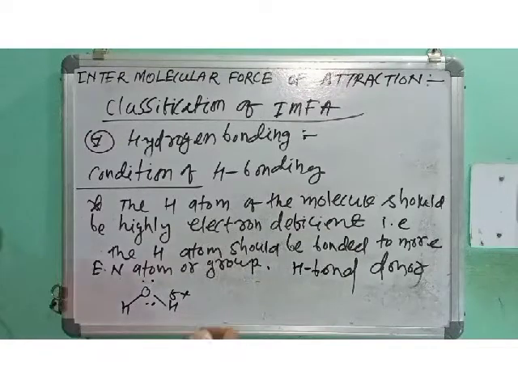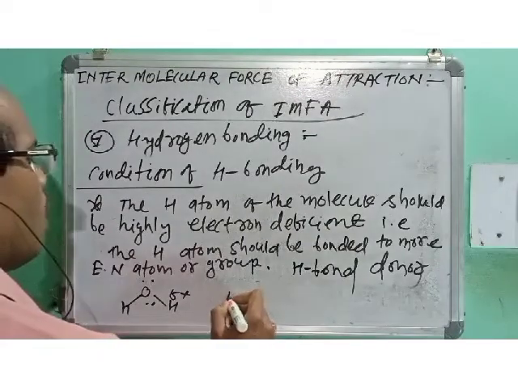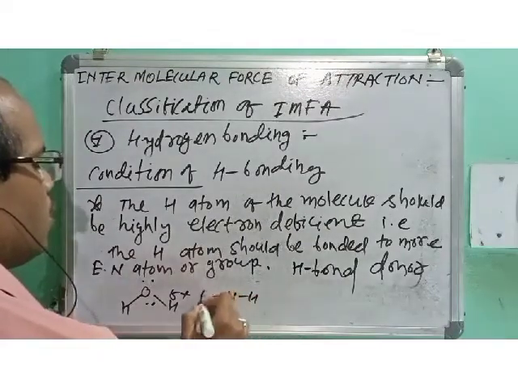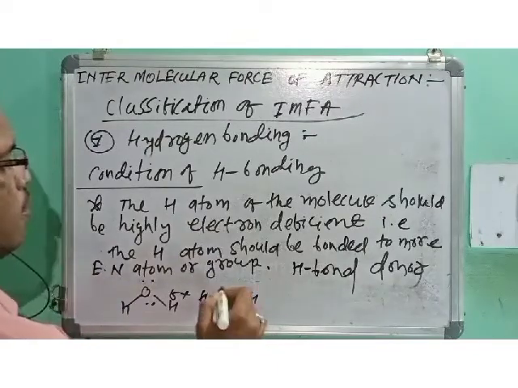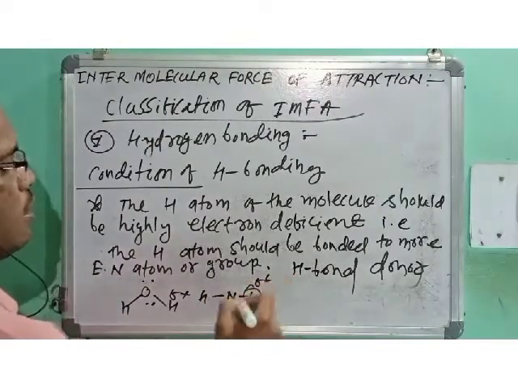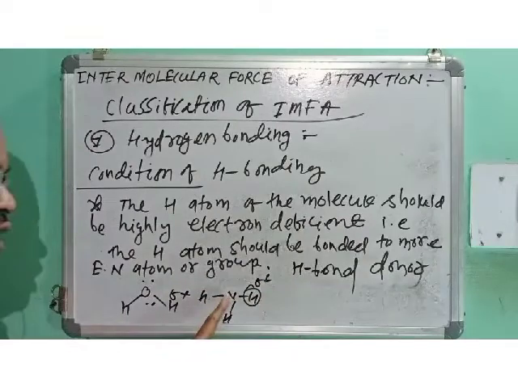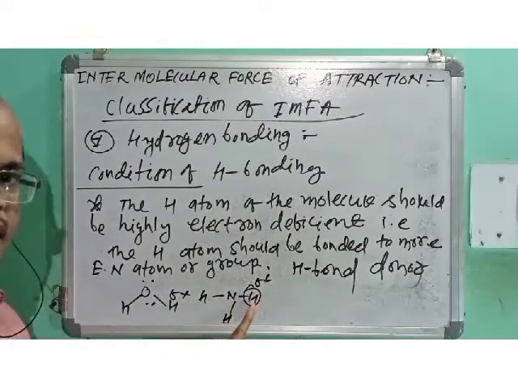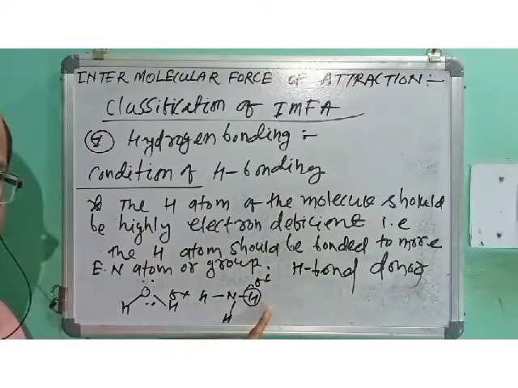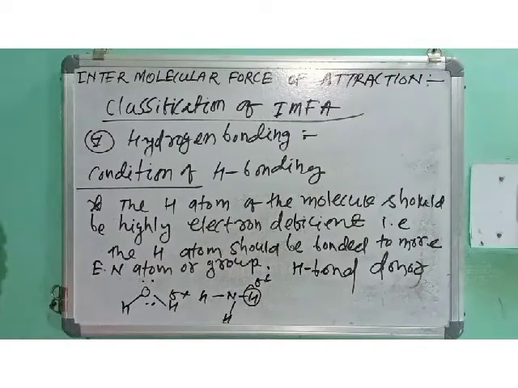Another, we can say ammonia. This hydrogen is bonded to nitrogen atom, the more electronegative atom. Hence, this has high electron deficiency that can also participate in a hydrogen bond. So this is one condition, and I will discuss the second condition.